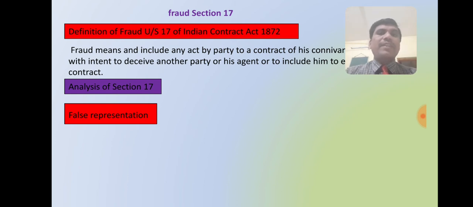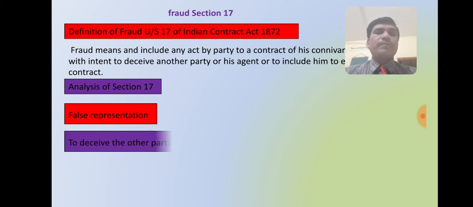Whatever statement is made should be false. If it is a false representation, it will amount to fraud. Then such false representation shall be made to deceive the other party. We can say that the basic object of fraud is to deceive the other party.